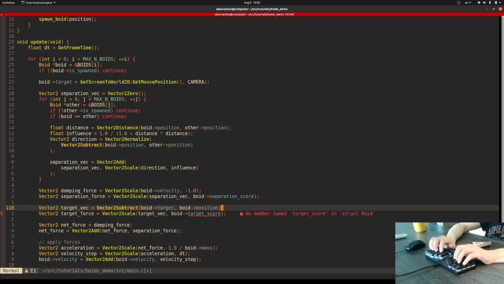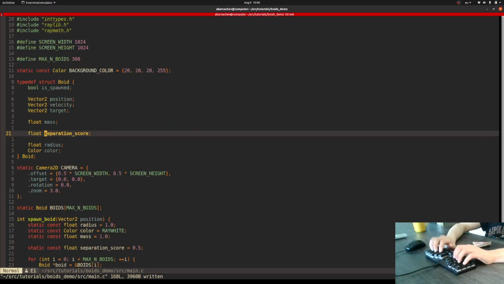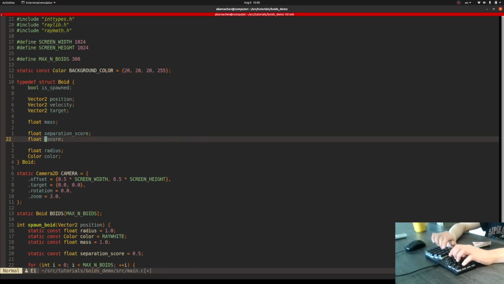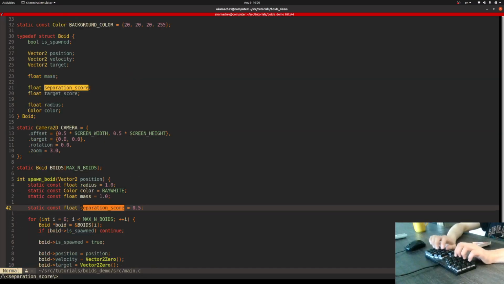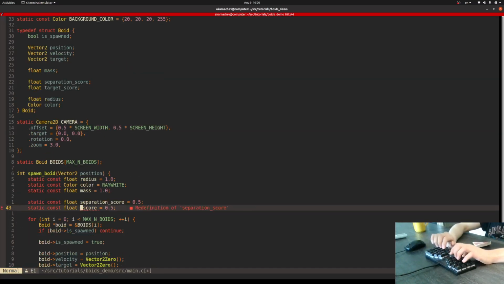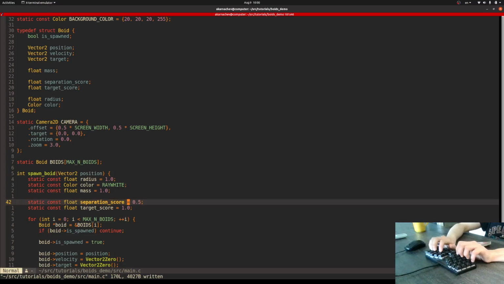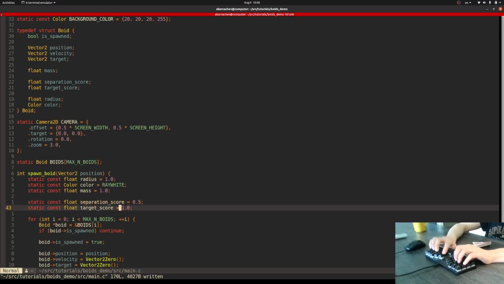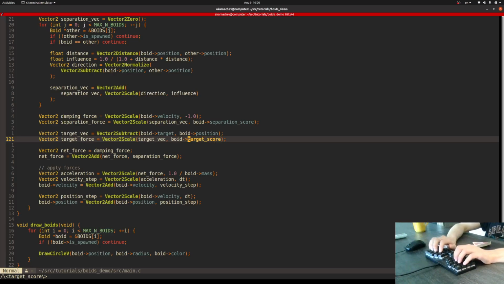This is our target vec, and we need to define target score. Like the separation score, let's say 1 for now. We already tuned the separation score, now we will tune target score. We apply target score to target vec, we scale target vec, and we obtain target force.